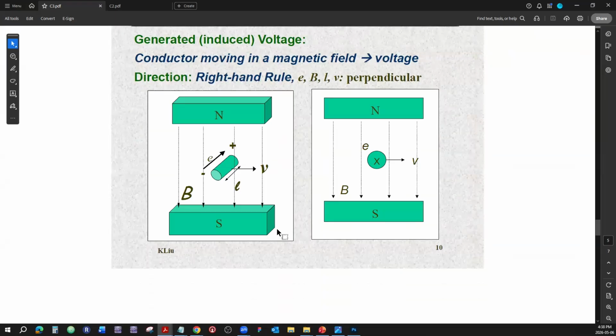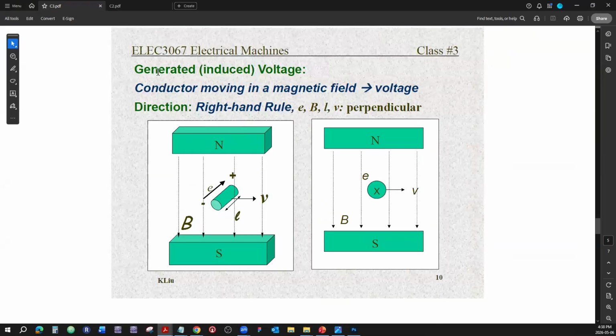Now let's see the generator rule. Generated induced voltage. We're going to induce a voltage now inside this conductor here. So now we're talking about the generator. What's happening at the generator?